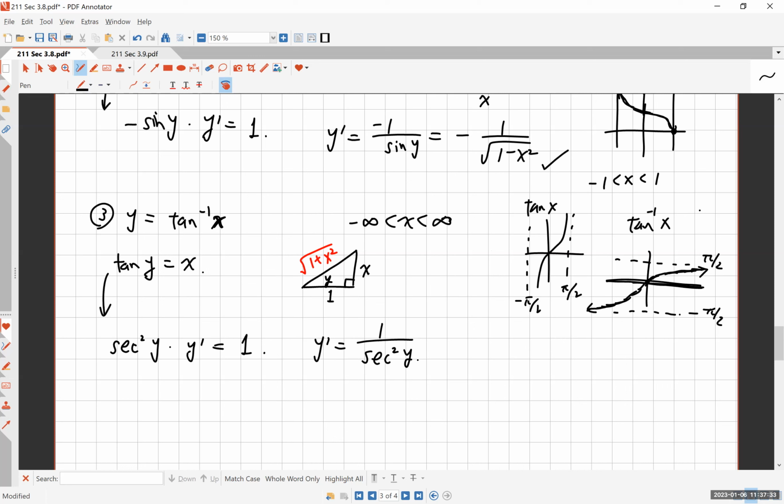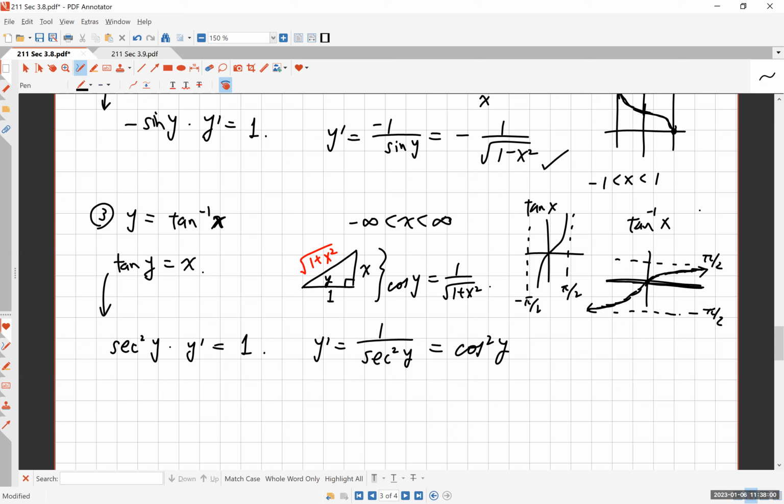What is the secant squared of y? By the way, you can also write this as cosine squared of y, right? Because 1 over secant is the same as cosine. What is the cosine of y for this? Cosine of y, according to this picture, is 1 over that, right?